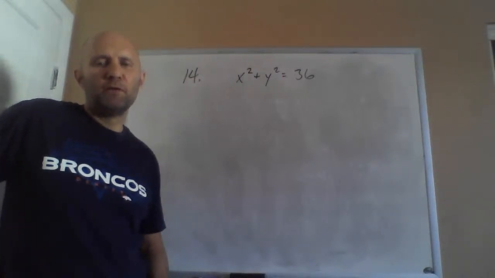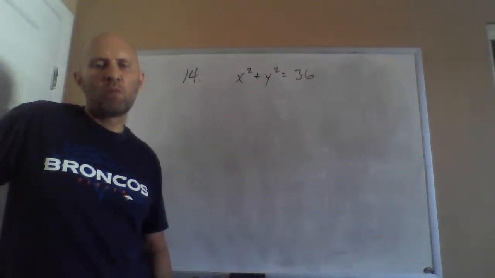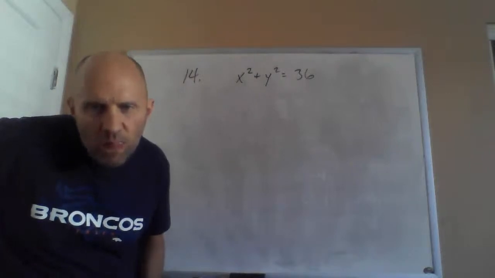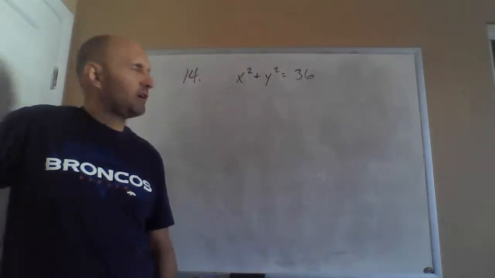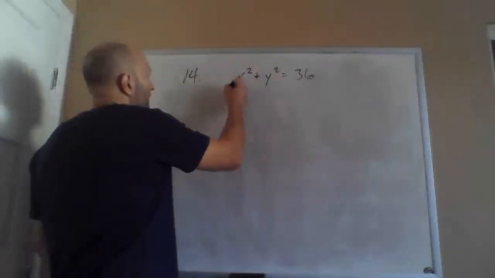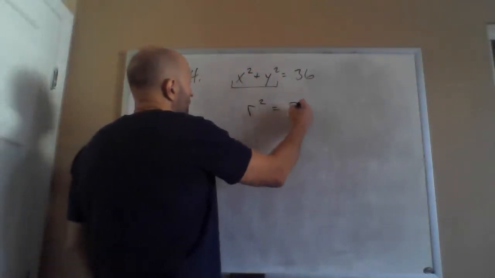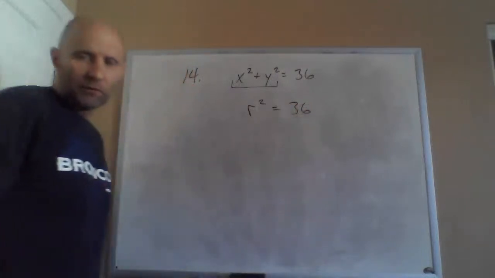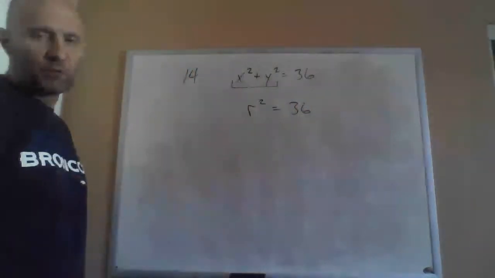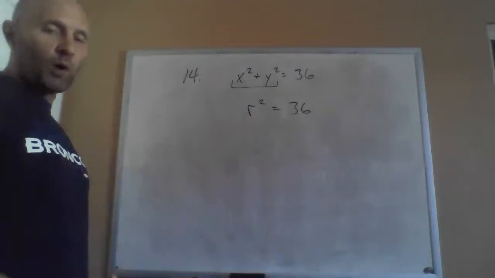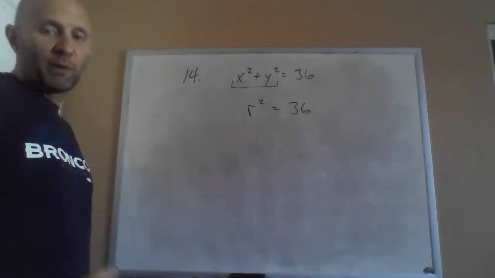So what are we going to do on this problem? Exactly. Just as Chase says, this is one of our substitutions, right? X squared plus y squared is r squared. So this equation is r squared equals 36. We want just r by itself.